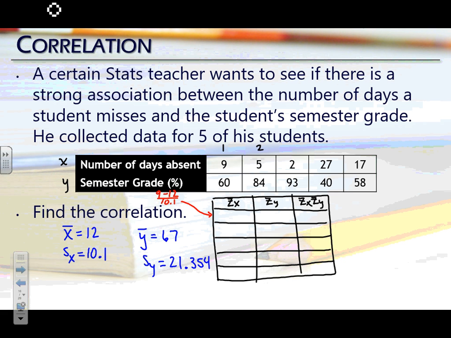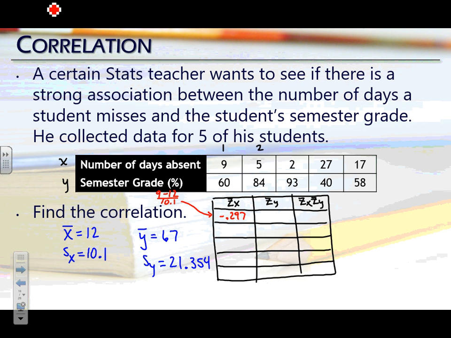What do we get for that first z-score? Make sure and do the 9 minus 12 first, then divide by 10.1. Otherwise, your calculator is going to do order of operations on you. Negative 0.297. Okay, and again, you can use 2 to 3 decimal places. 3 is probably the best. So negative 0.297.